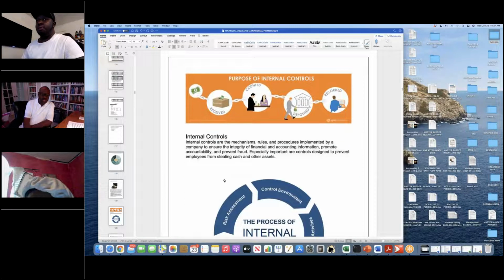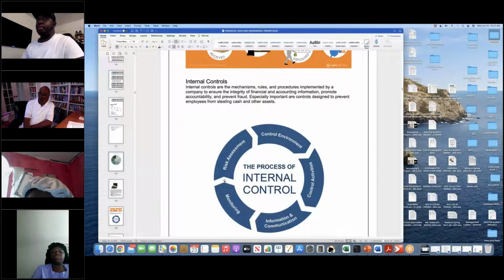So it is important to have internal controls in place when you're running a company. Everybody has to have internal controls. And the internal control process consists of a control environment, control activities, information and communication, monitoring, and risk assessment. So this is a process of internal control, national standards set.